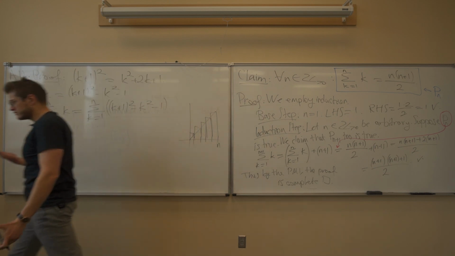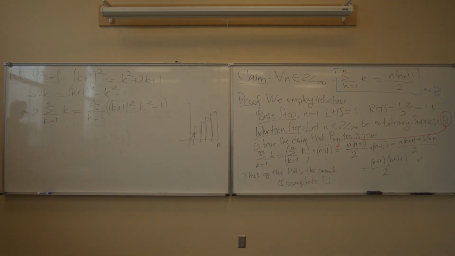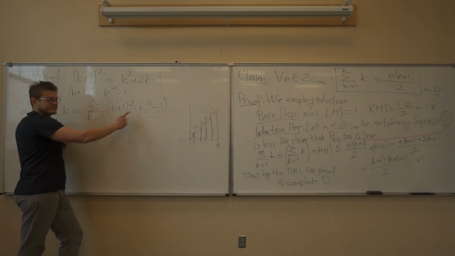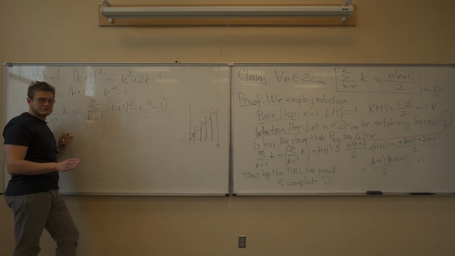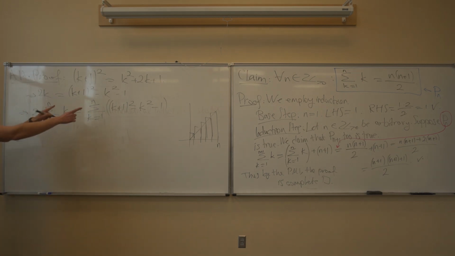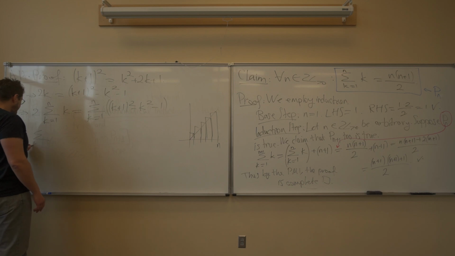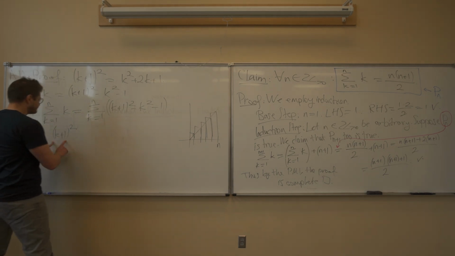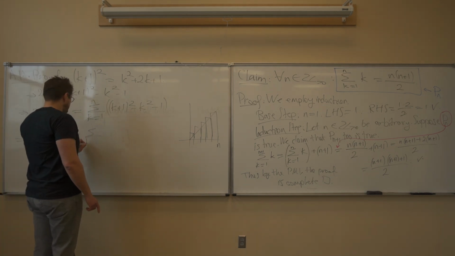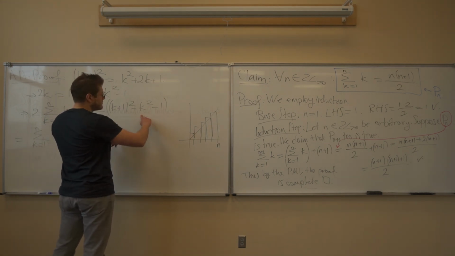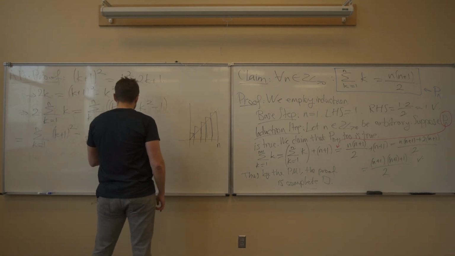Oh, that's a terrible thing to do, perhaps. Certainly, it is more complicated to write down. But the beauty here is that now I have something telescoping, so that things are going to cancel. That's what I was aiming for. So opening up this sum, I have k from 1 to n, sum of k plus 1 squared, minus k from 1 to n, sum of k squared, minus, well, let's write it like this.